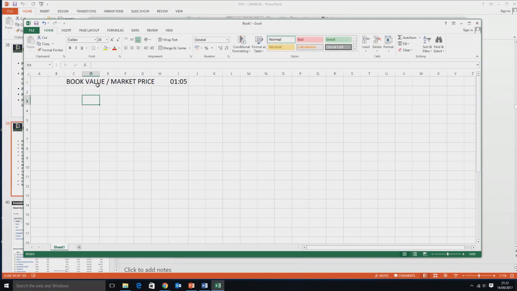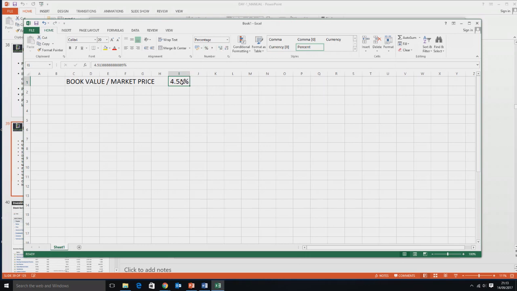Means whatever be the book value, the ratio should be 5, not in percentage. Okay.